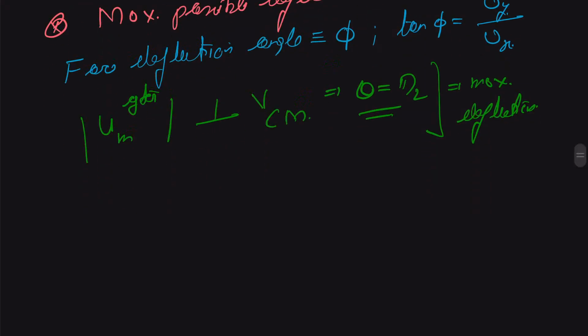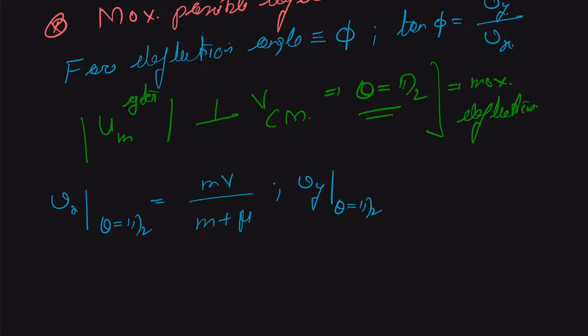And we are going to put theta equal to pi by 2 in the x component as well as the y component. Therefore, we can write that v of x at theta equal to pi by 2 gives us m v upon m plus mu, and we have our y component at theta equal to pi by 2, which gives us mu v upon m plus mu.